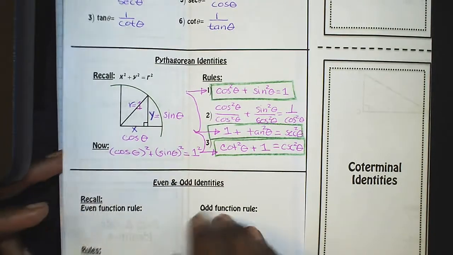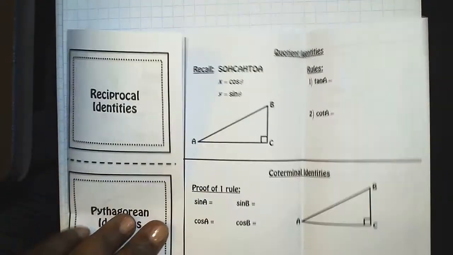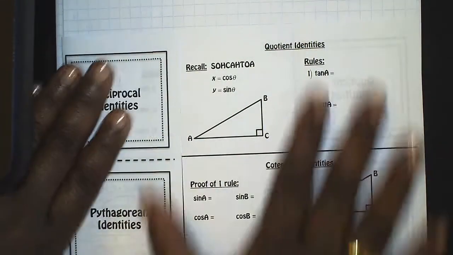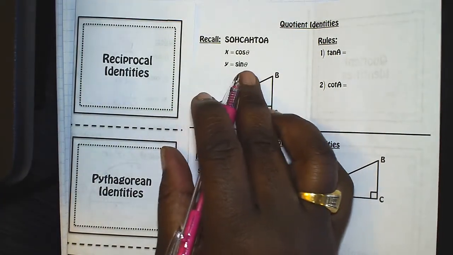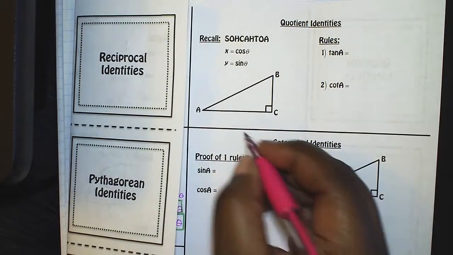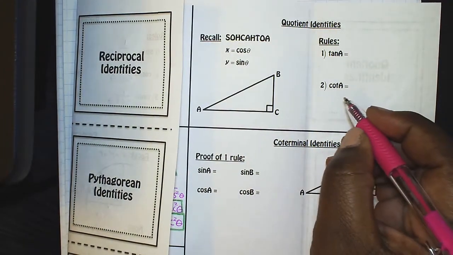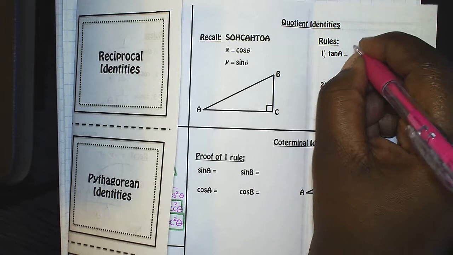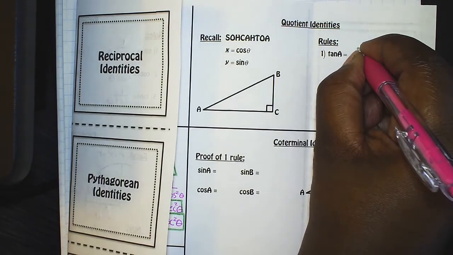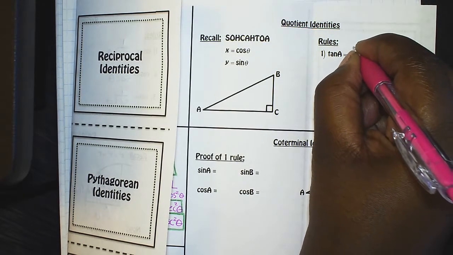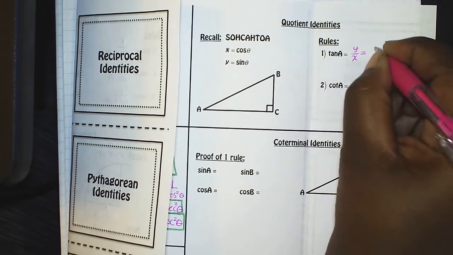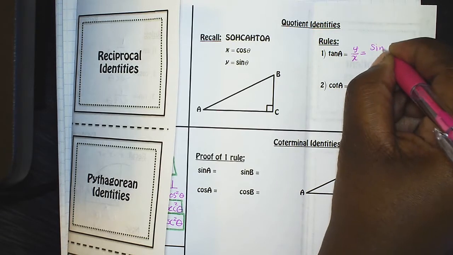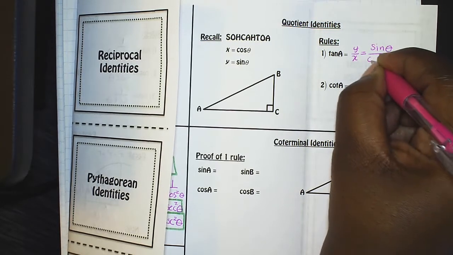We're not going to talk about even odd today, but we are going to go over here to recall our SOHCAHTOA. If x is cosine theta and y is sine theta, then the tangent will be y over x, which is opposite over adjacent, which is sine theta over cosine of theta.